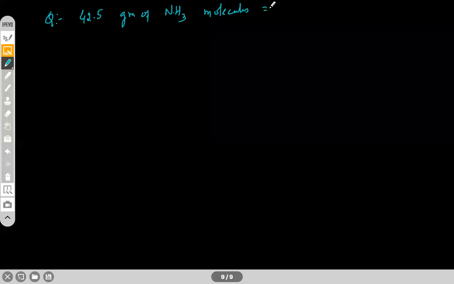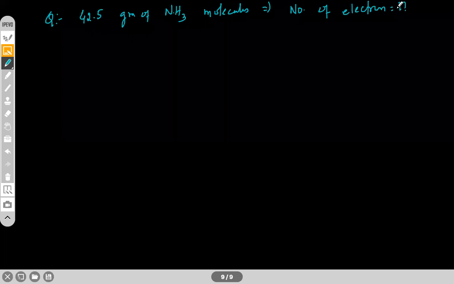We have to find out the number of electrons present in this. Find out the number of electrons. Try this. 42.5 gram of NH3. What is the number of electrons present in this?